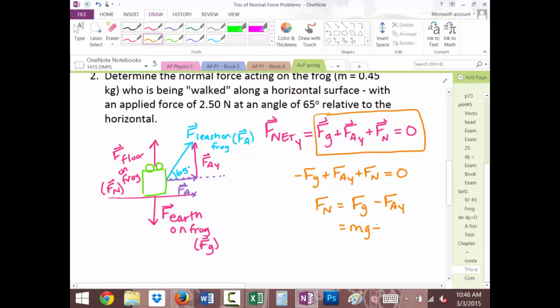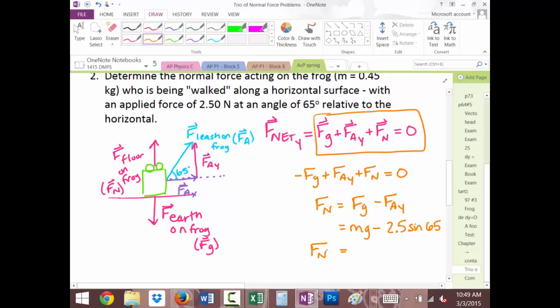You know that this is 2.5. You know this angle is 65. How do you figure out what Fay is then? Perfect. So that's going to be 2.5 sine of 65.